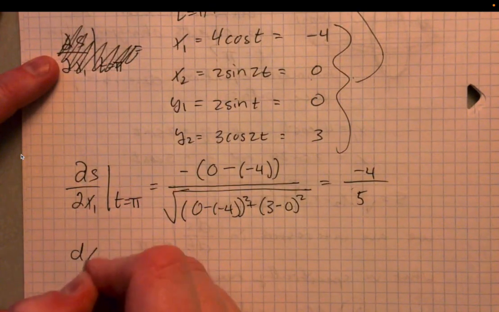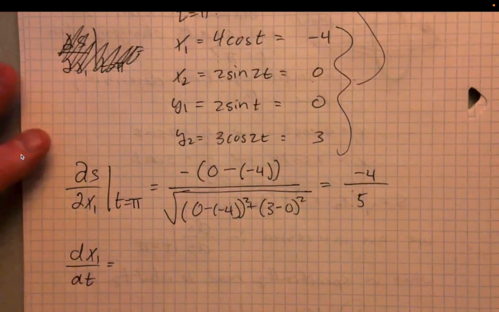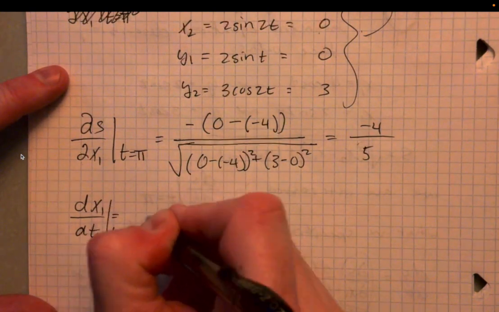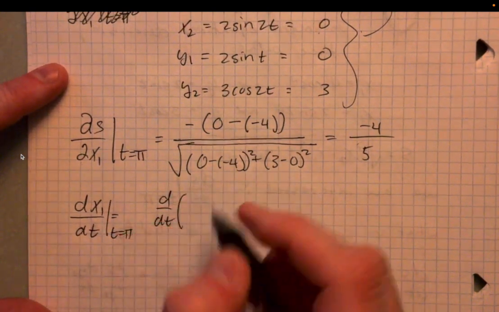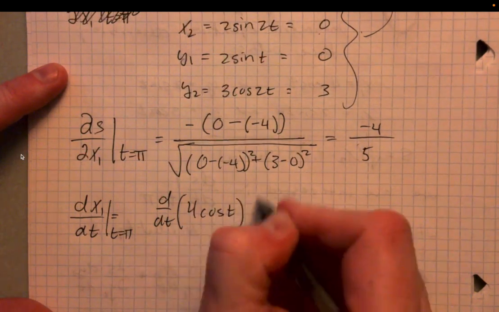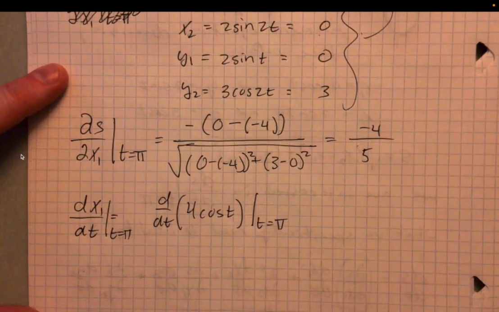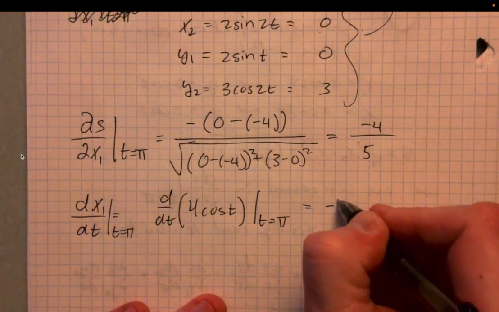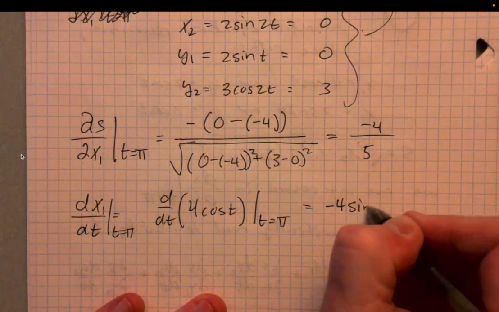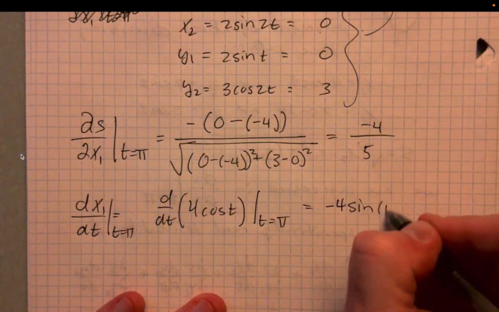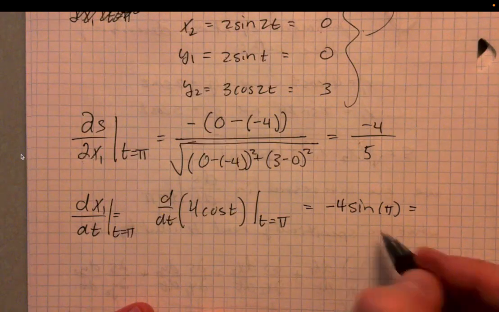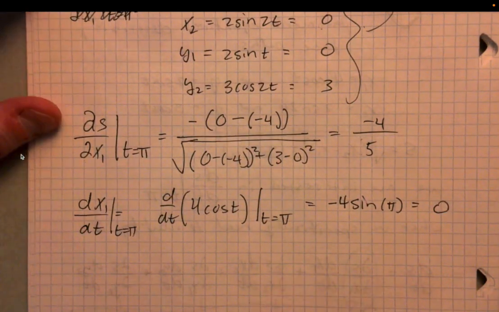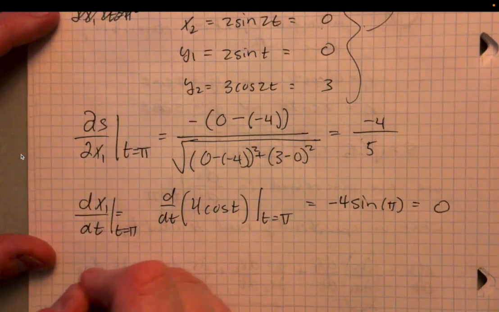Right, so dx1 over dt, specifically when t is equal to pi, that's just going to be d/dt of 4 cos t evaluated at pi, which is going to be negative 4 sine of t, which we'll just plug in the pi here, right, and so you get a 0. Okay. And so this gives us the first term in our expression.